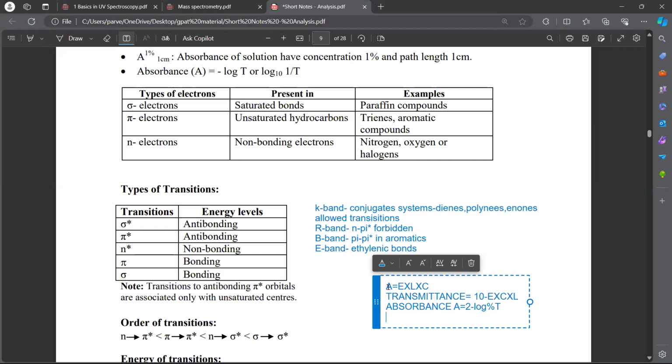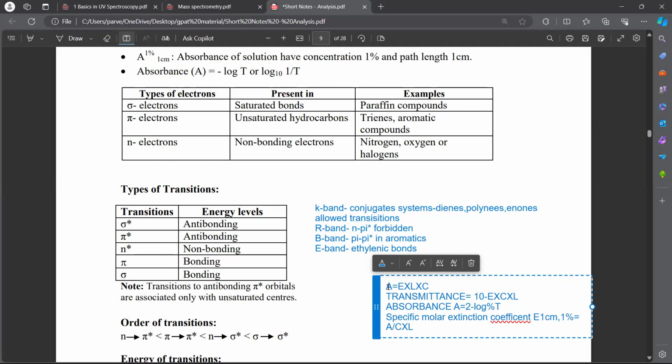The specific molar extinction coefficient is denoted by E at 1 centimeter length at 1% solution, which is given by A divided by C into L.